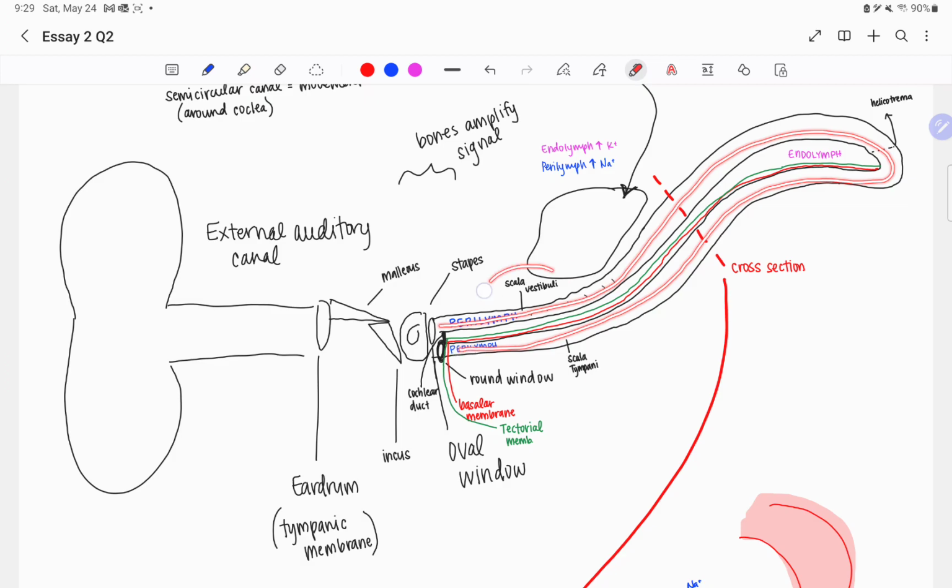Okay, and both the scala vestibuli and the scala tympani, they're both filled with perilymph. Okay, now it's all actually just one big, long, continuous chamber. All right, but as soon as it reaches this farthest point, it's called the helicotrema right there. Then it turns from the scala vestibuli to the scala tympani right here.